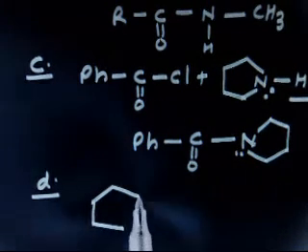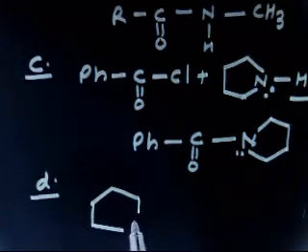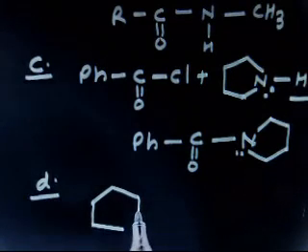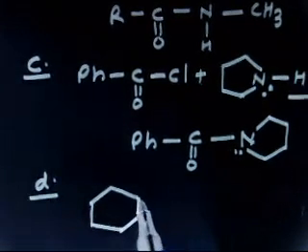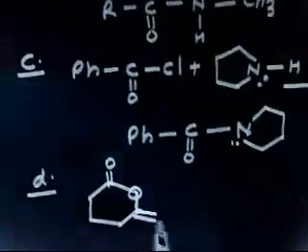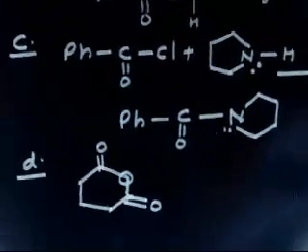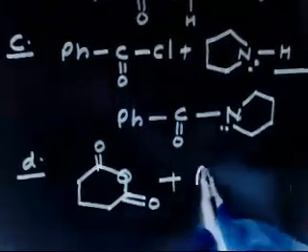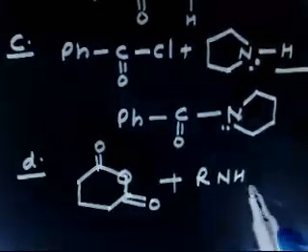And now at one position I have oxygen. So let us say here I have oxygen, and this side I have double bond O, and this side I have double bond O. And now if this compound reacts with RNH2, what will be the product?